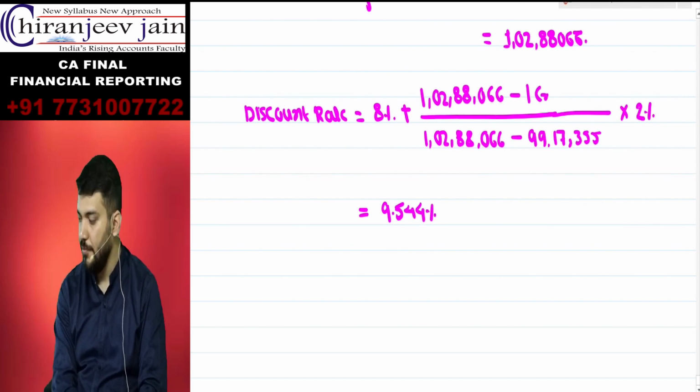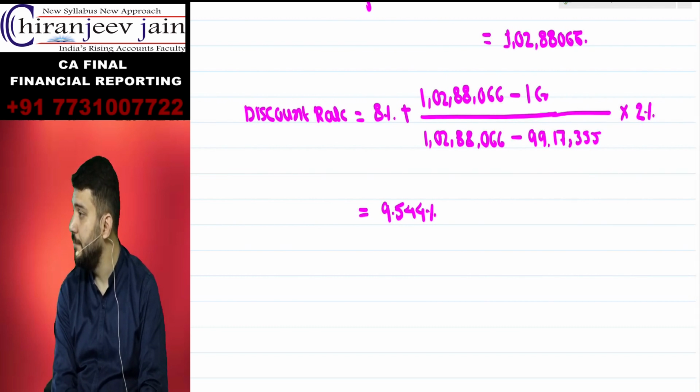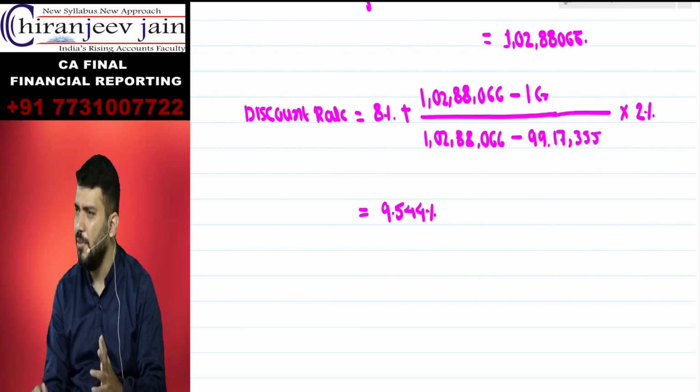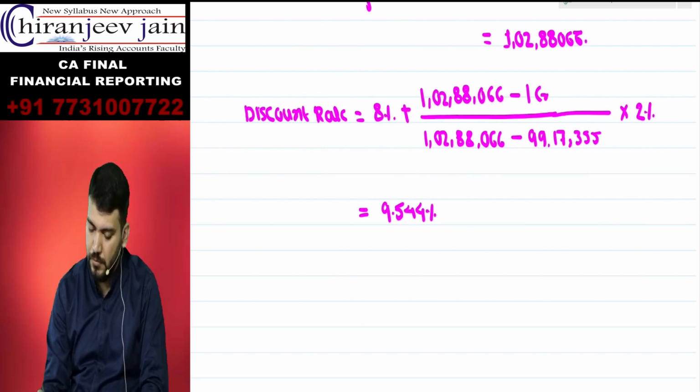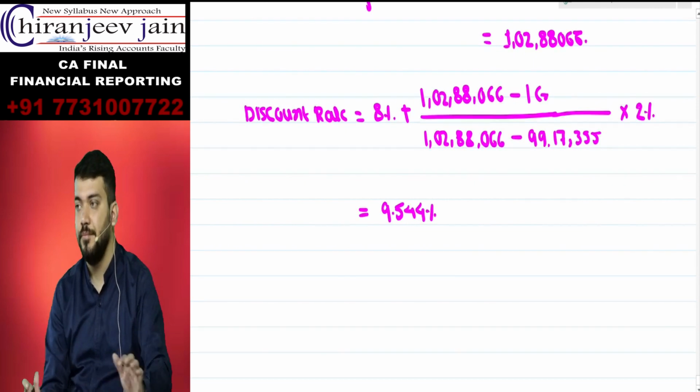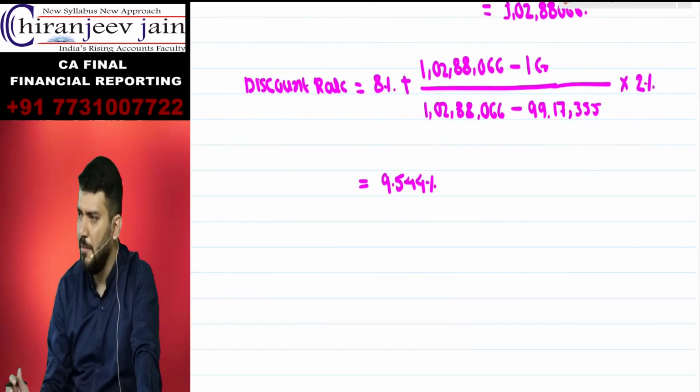Okay. Nine point double five. We can take 5455, okay. Double 5 kar dein. 544, okay. 55 also not wrong.